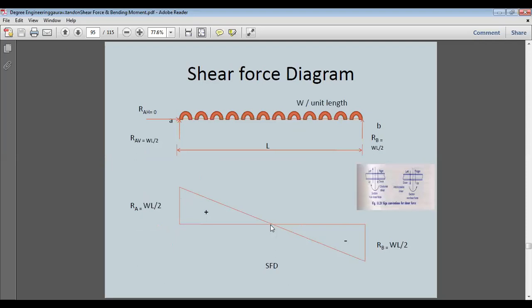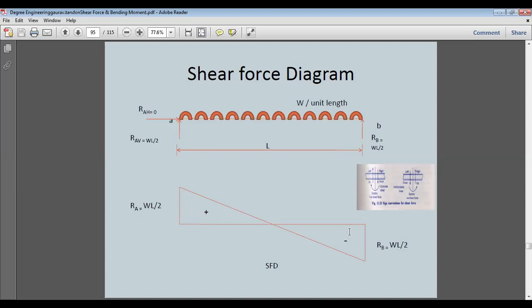As I told, the convention is that if in the left section the resultant force is vertical upwards, the shear force is positive, and if in the right section the force is acting upwards, the shear force is negative. This is the sign convention that we have discussed so many times in detail.